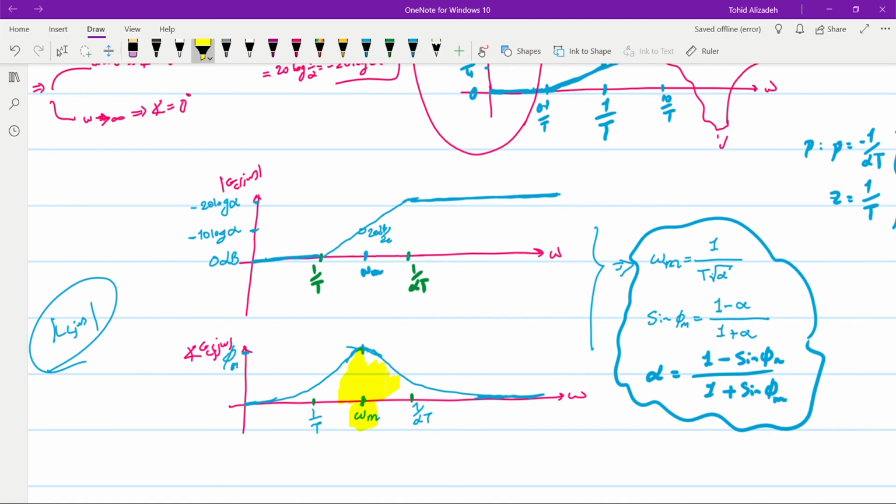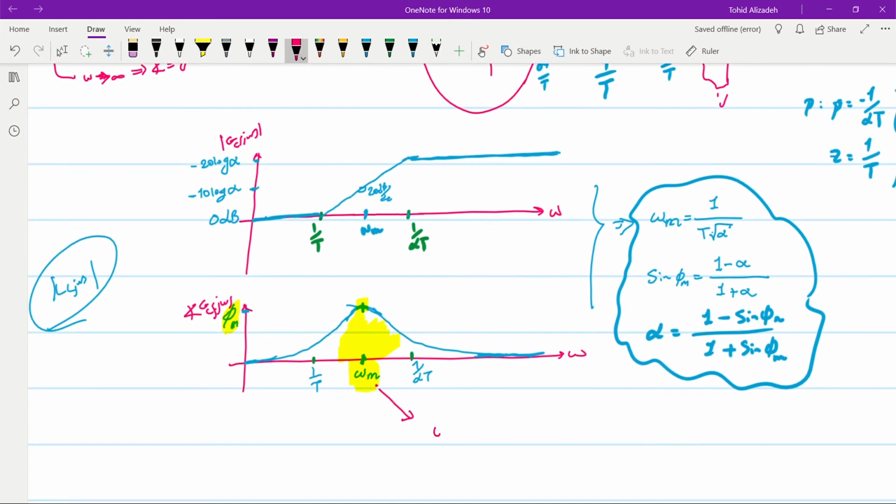So you can design the lead compensator such that you inject around phi m phase, which might be 50 degrees, for example, around the frequency of omega m. So you can pick the value for omega m and phi m as the parameters for the controller. Let's say you found out that omega m should be equal to 3 radian per second as an example, and the phi m that you want to inject is 45 degrees.